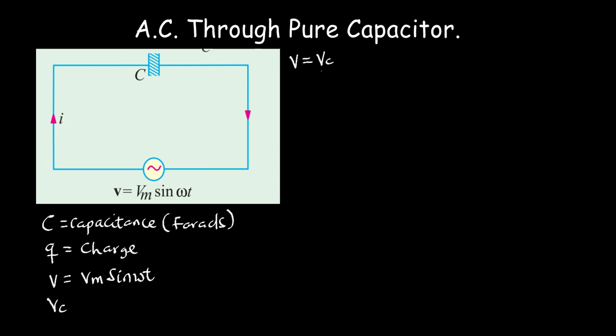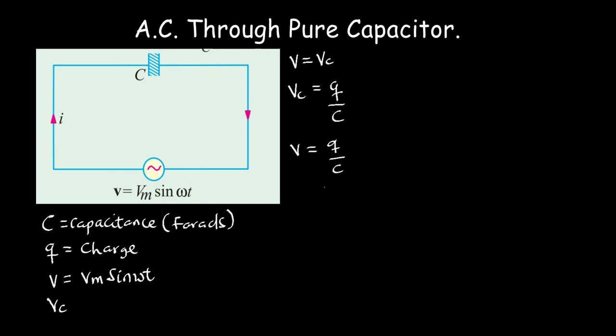But the voltage across the capacitor is equal to the charge over the capacitance, Vc equals Q over C. Which means that before you can get voltage across the capacitor, it needs to be charged.